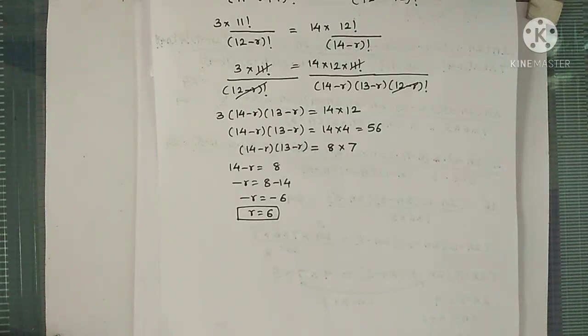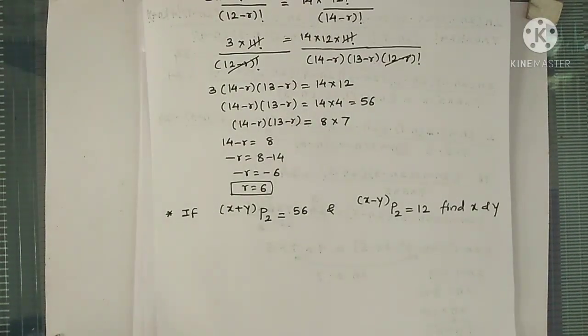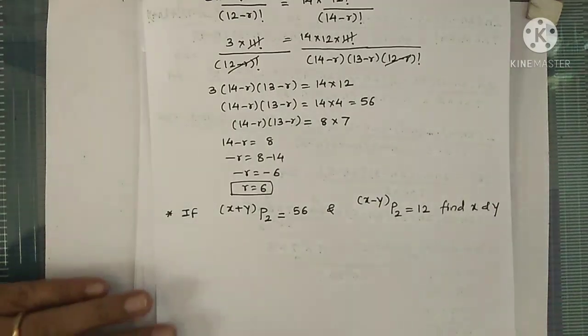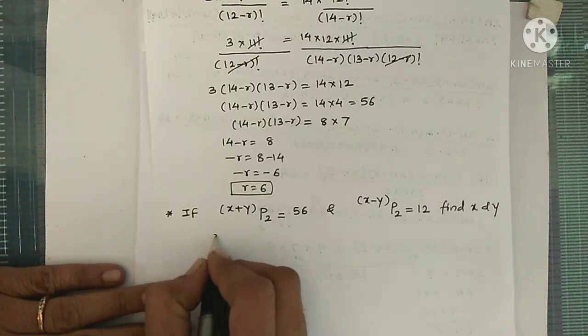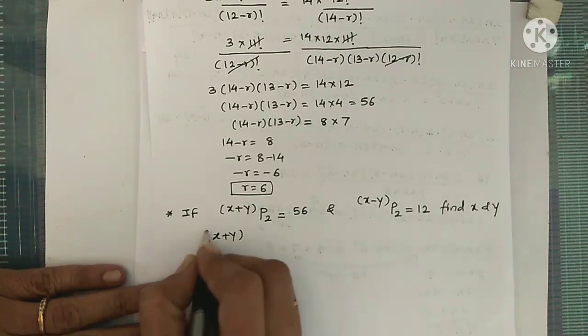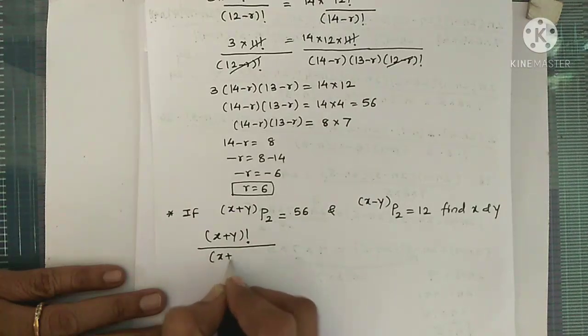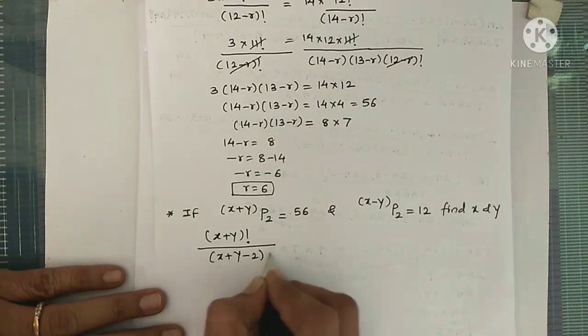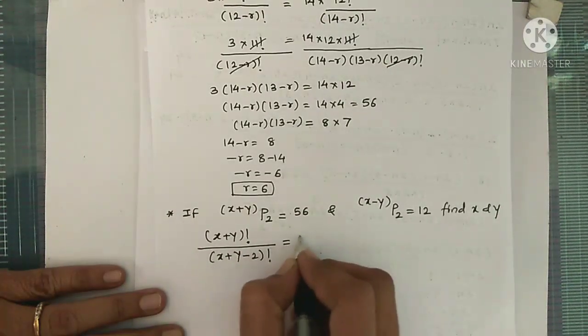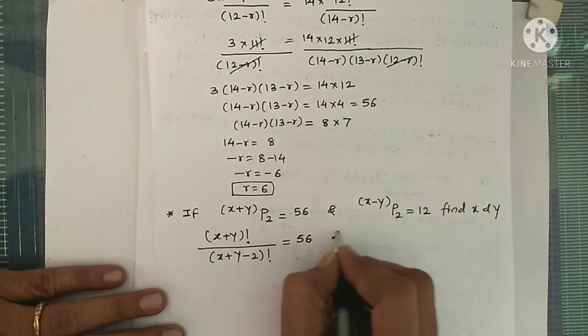Okay. Now in this question, x plus y P 2 is given as 56 and x minus y P 2 is given as 12. Find x and y. So using the formula, here it is (x plus y) factorial divided by the difference of these numbers, (x plus y minus 2) factorial. This is 56.